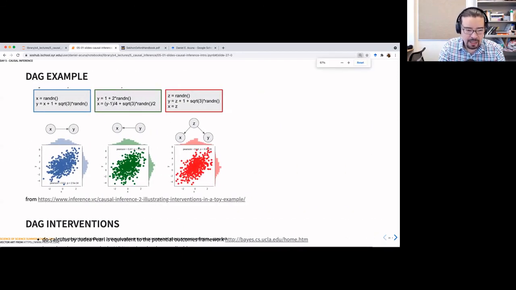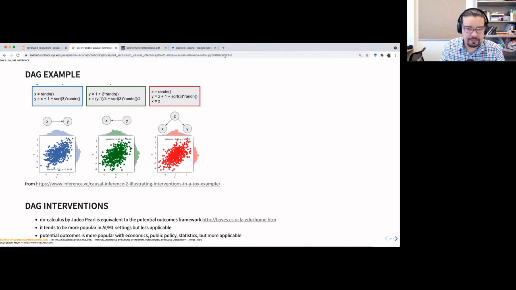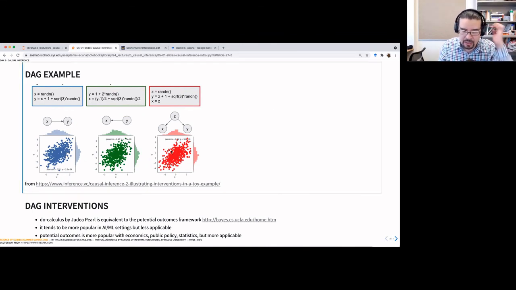All right, going back to this intuitive example, we can think of these three cases with three different DAGs. Here, because X is actually generating Y, we have this DAG, a direct causal relationship from X to Y. In the other case, it's the opposite: Y is generating X, so Y is causing X, but we still see the same data.